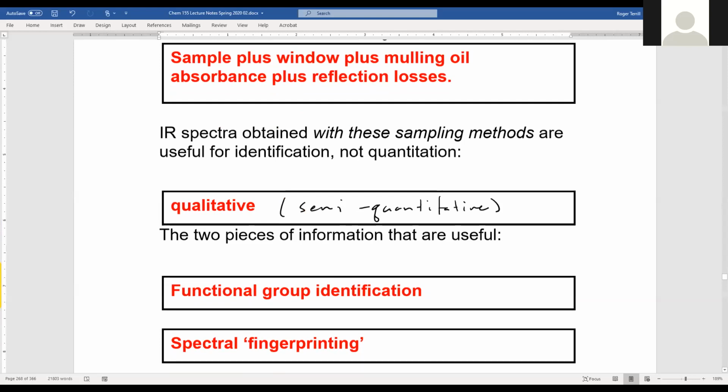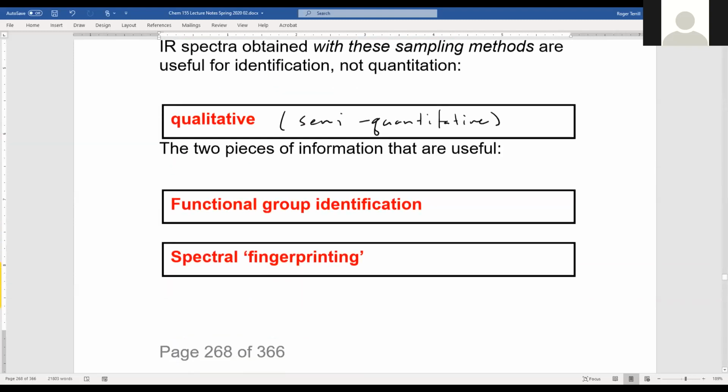However, this information is still very useful. You can identify functional groups, and you can use the spectral fingerprint, right? So you can say, well, I know this molecule has OH and a carbonyl and an amide, and maybe a double bond, or an aromatic group or something.